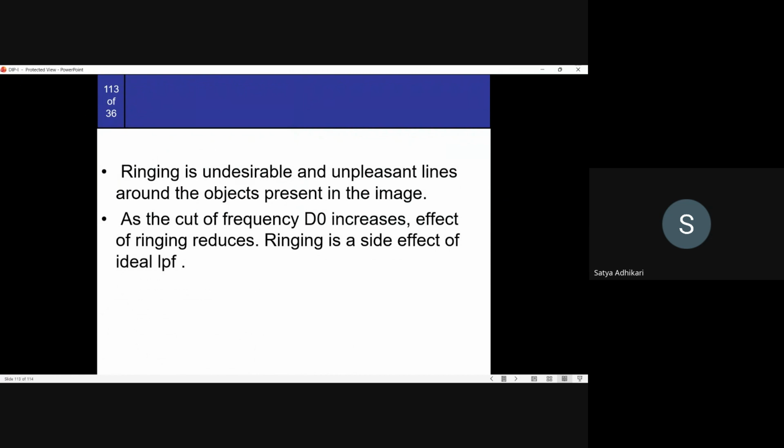So ringing is a side effect of the ideal low pass filter. If D0 increases, the effect of ringing decreases.